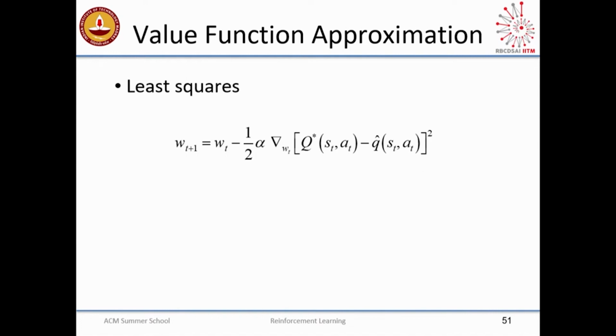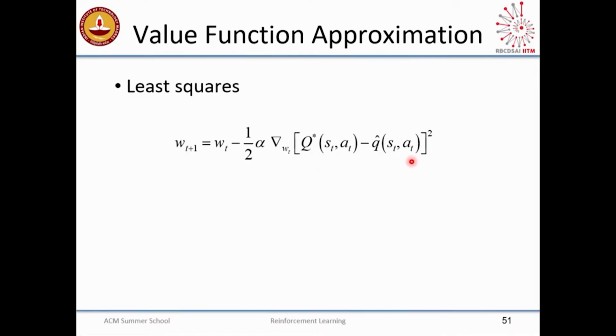And remember, what am I trying to approximate with my q hat here? I'm trying to approximate q star. That's what I'm doing in Q learning. What I really want is q star. So this is what I do in my least squares fit. This is essentially what you were doing in your regression earlier. Does this expression look familiar?